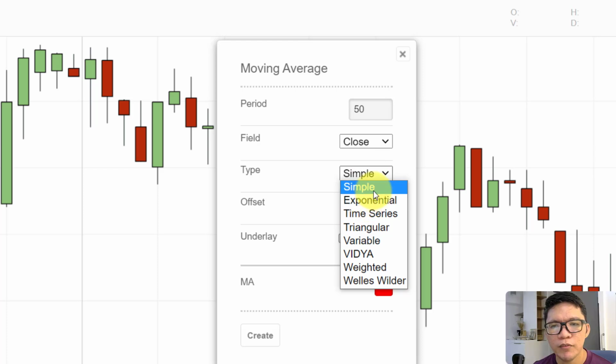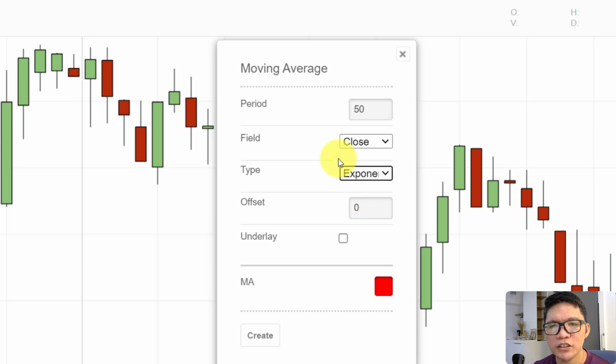So the simple moving average just gives us yung ating basic average na parang kinukuha niya lang yung normal mean average ng stock price in the past 50 days, but when we select exponential, binibigyan niya ng more weight yung mga recent prices. So for example, yung price niya last week, mas mabigat yon when it comes to computing the average as compared doon sa price niya in the past 3 weeks or in the past 4 weeks. Okay, so normally we would like to choose exponential.